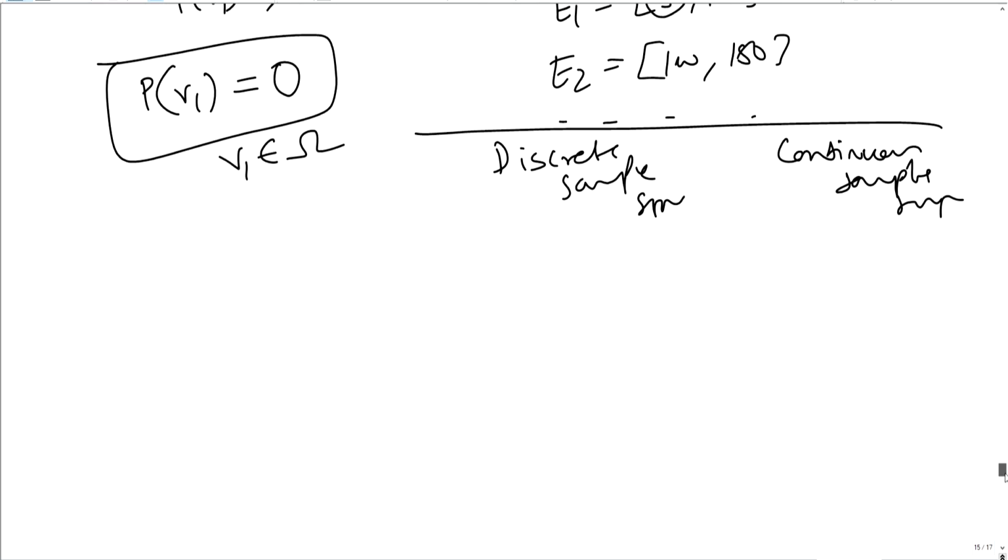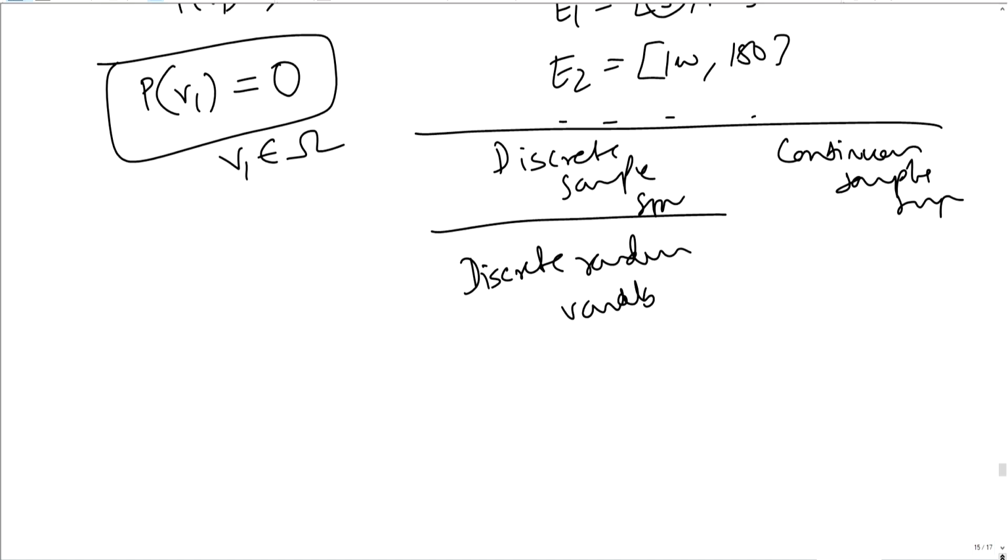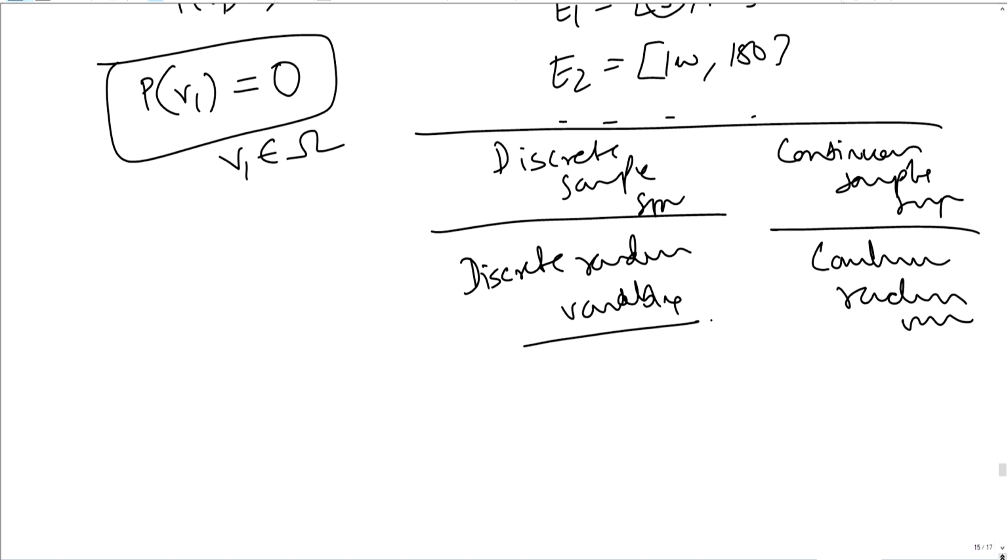So, the random variables that we use to define probability assigner functions on a discrete sample space are called discrete random variables. So, basically, a random variable associated with a discrete sample space, and random variables associated with a continuous sample space are called continuous random variables. Basically, you can say the random variables which have discrete values versus random variables which have continuous values, right. So, you will hear these terms, discrete random variables and continuous random variables.